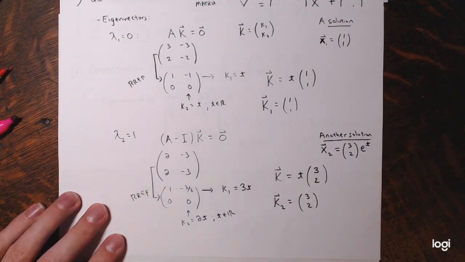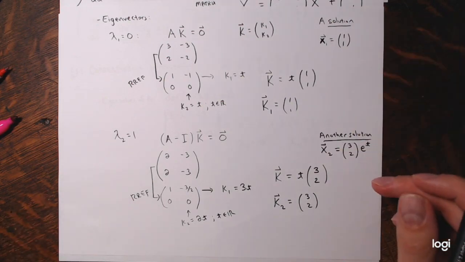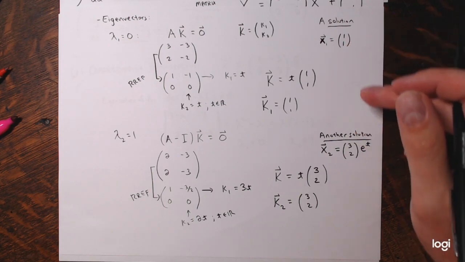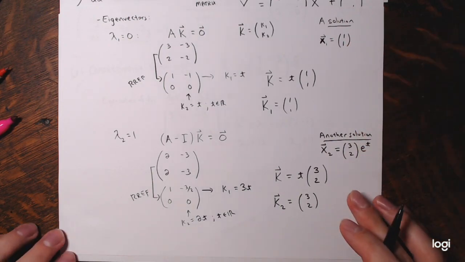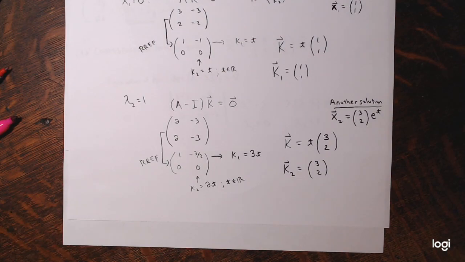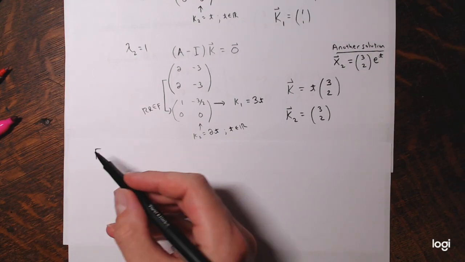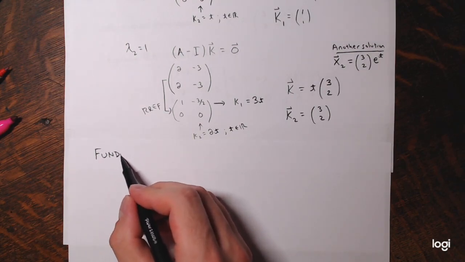Right. So here it's a 2 by 2 system. I should be finding 2 linearly independent solutions to it, and I have. So here's my fundamental set of solutions to this corresponding homogeneous system.